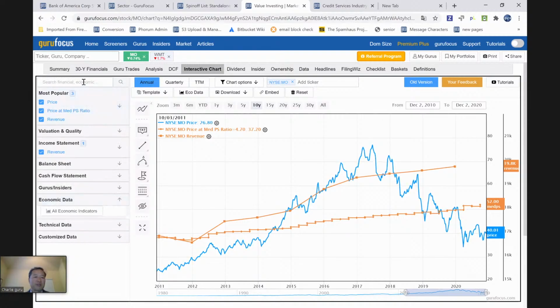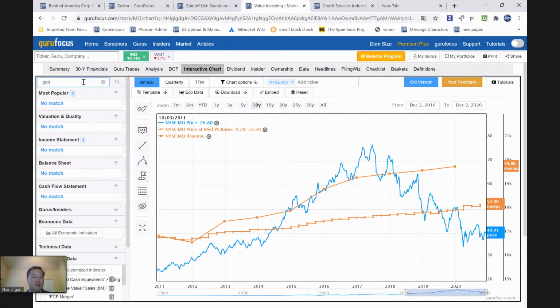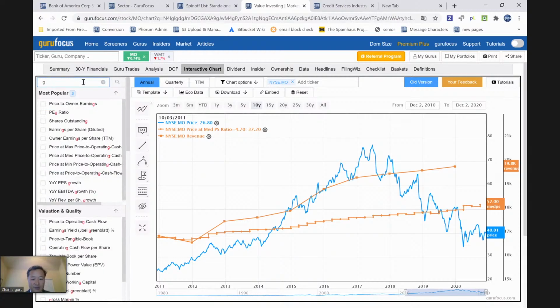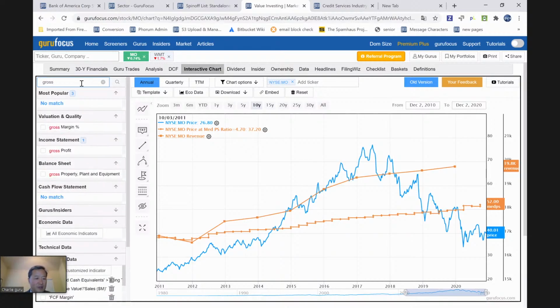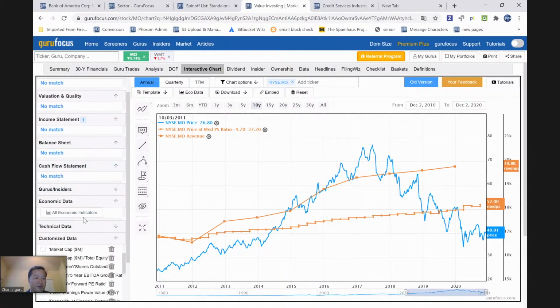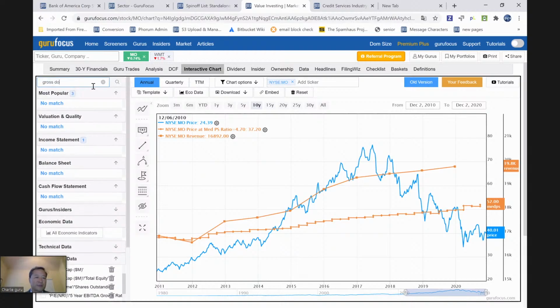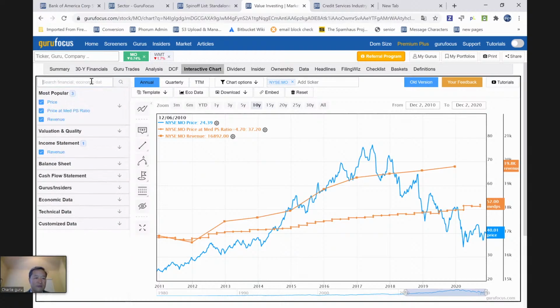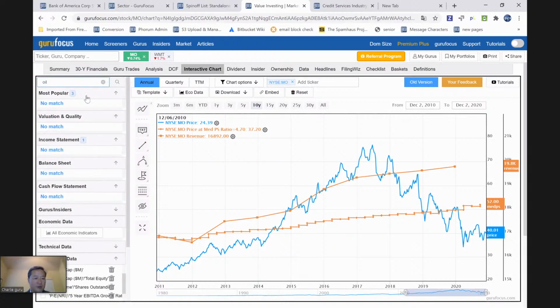You can add GDP to it, gross domestic product. You can put lots of economic indicators to it. Okay, maybe that's not very relevant to oil.